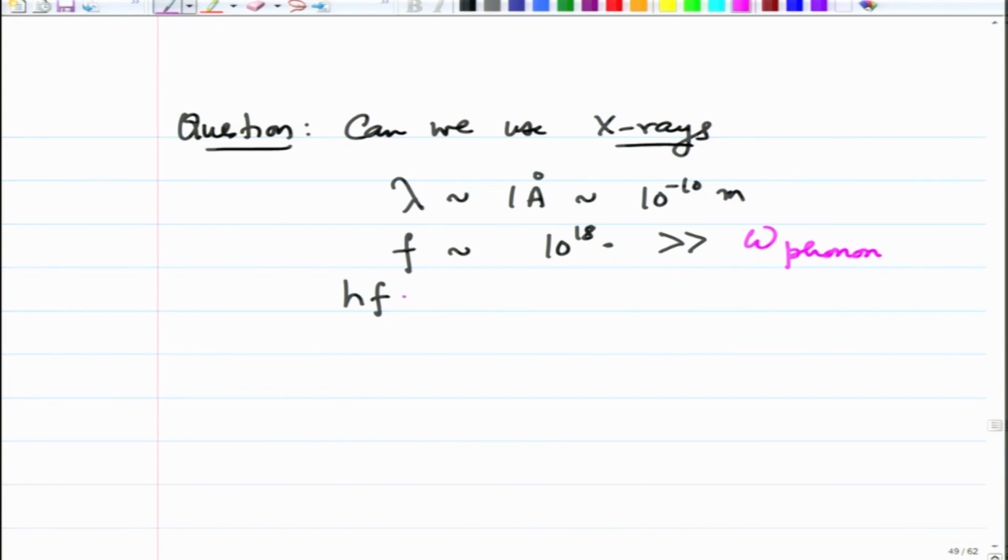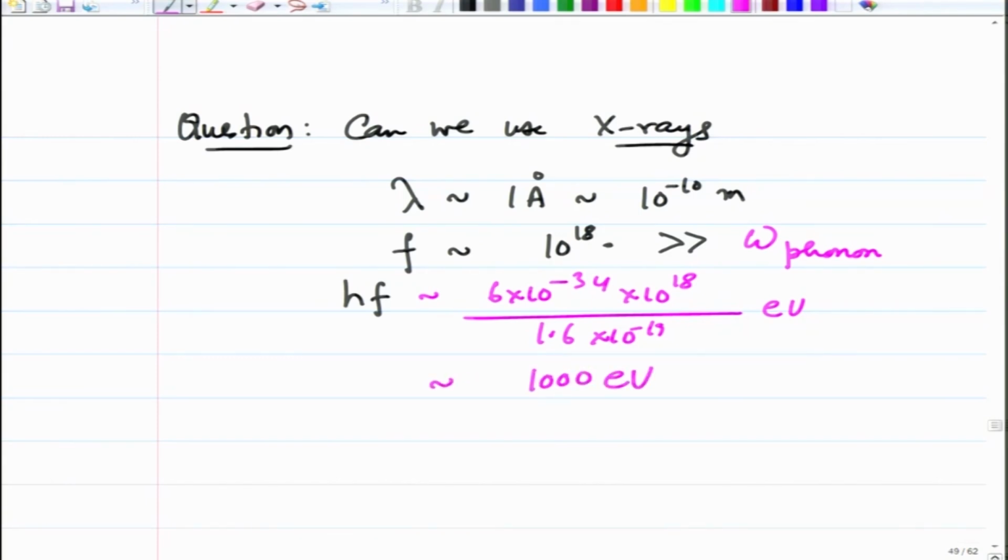So, hf is of the order of, let us say, h is 6 times 10^-34 times 10^18 divided by 1.6 times 10^-19 eV, which is of the order of 1000 eV, whereas ħω phonon, we calculated in the previous lecture, is of the order of MeV.